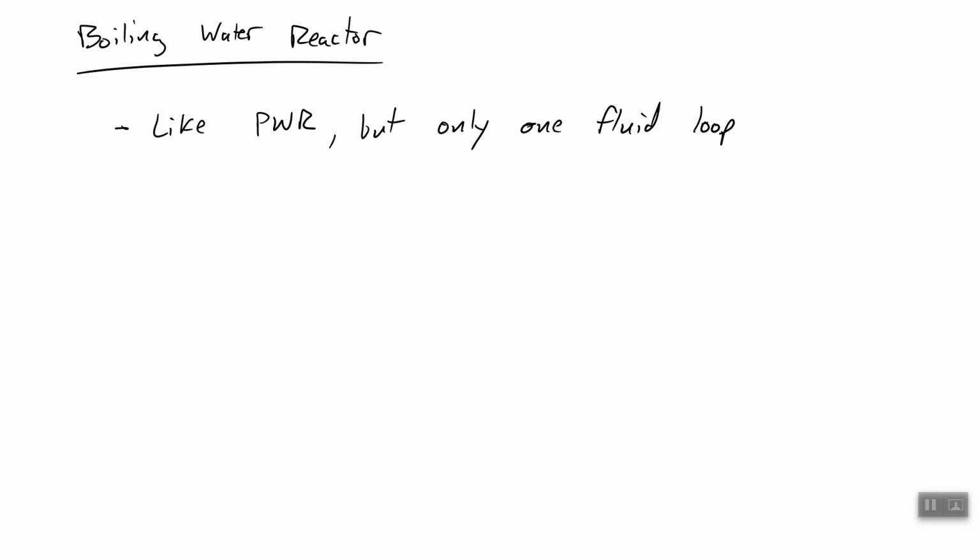Not as popular, but between PWRs and BWRs, you've covered almost every reactor in the world except for exotic ones that are newly developed or ones they have in Russia. Okay, last thing we've got to talk about is exhausted fuel. So like I said, a fuel rod's going to stick in that reactor for 3 years and then it is spent.